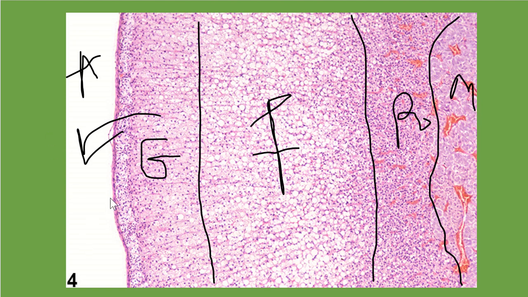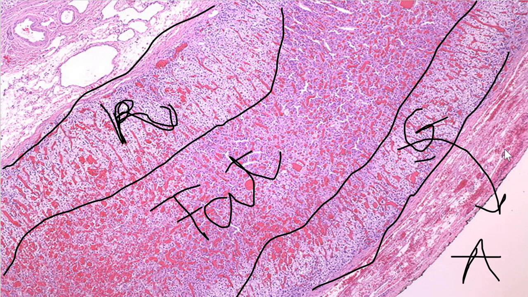And then this line that you can see going right here, this is the capsule. So this is your adrenal capsule. A capsule is going to encapsulate, right? You can see it here. I think I pointed it out. This is your capsule here, right?